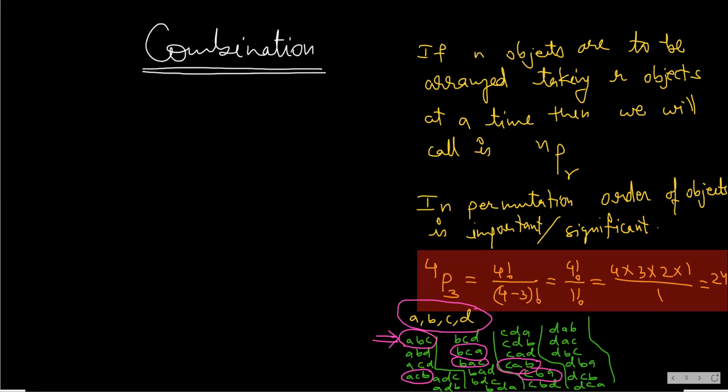Now we come to combination. See, in combination, the order is not important. What do I mean? Suppose I write 4C3. Here I had written 4P3. Now what is the meaning of 4C3?